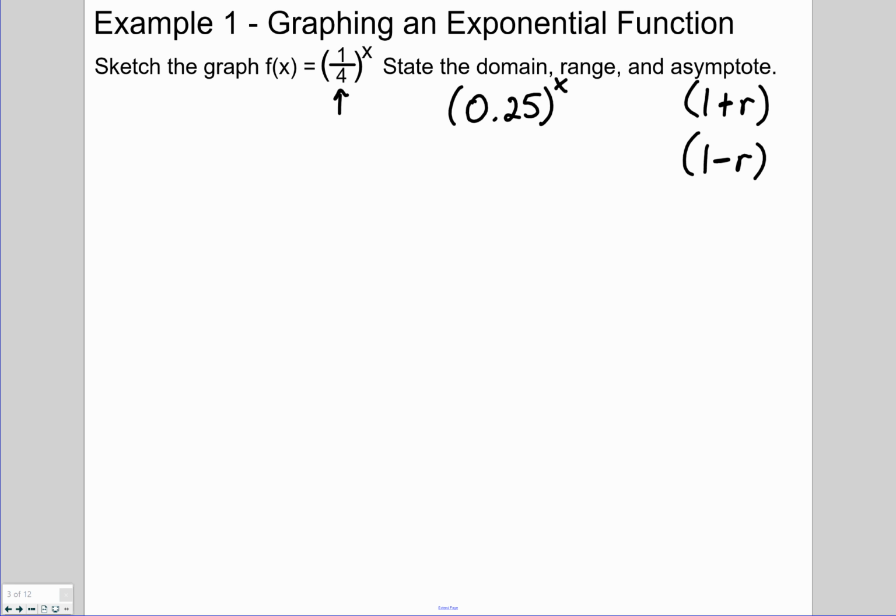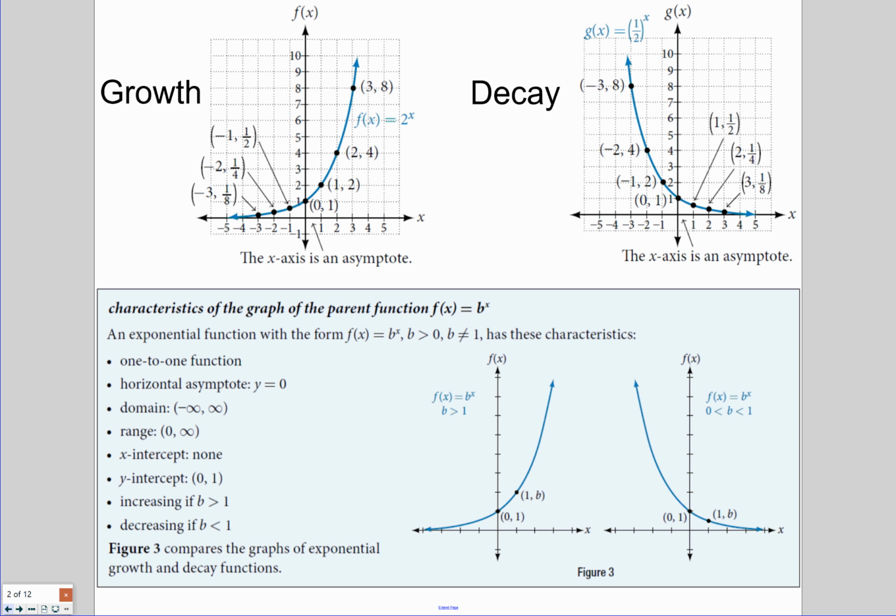I'm just making these up. I'm just showing you how I know which one is which for growth and decay. If it's greater than 1, it's growth and it'll look like this. If it's between 0 and 1, it'll look like that for decay.